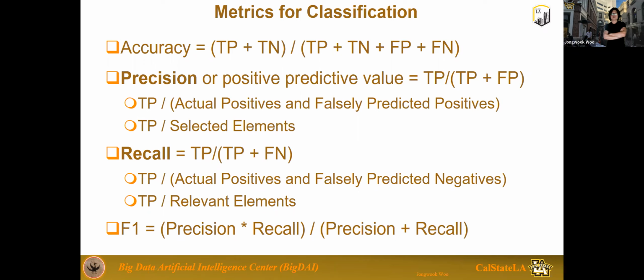The lower the number of false positives, the higher the precision, based on this equation, because you have the same TP here. So to increase the result of this equation, you have to reduce the number of false positives, right?